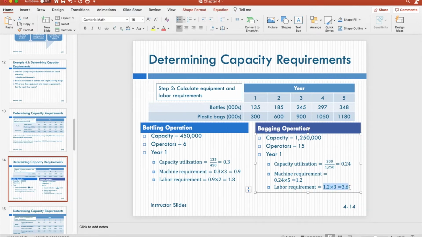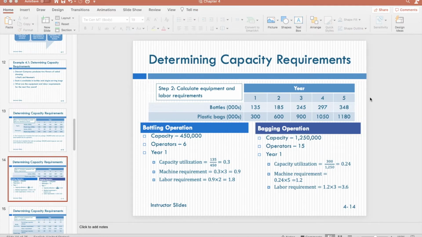So effectively, we are using 3.6 laborers, and in total we have 15 operators right now. It means that among those 15 operators, you are only effectively using 3.6 laborers.